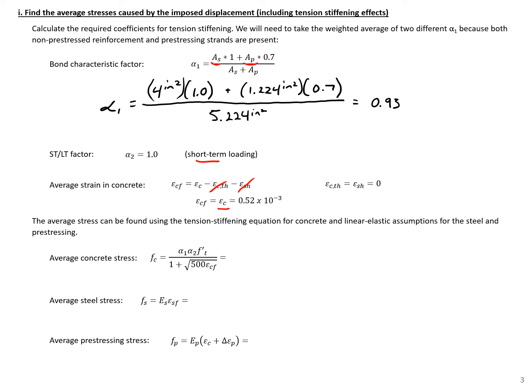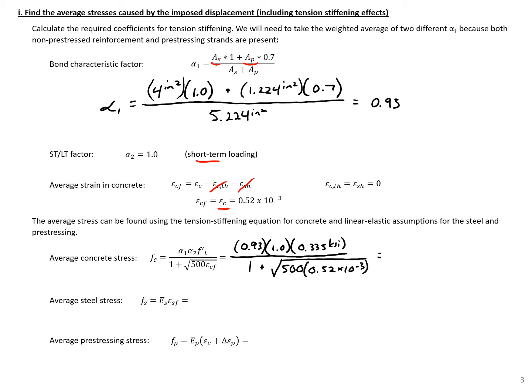So now we can plug all of our known values into our tension stiffening equation. We'll have our alpha 1 of 0.93, our alpha 2 of 1.0, the tensile strength of concrete being 0.335 ksi, and then we'll divide by 1 plus the square root of 500 times 0.52 times 10 to the negative third, and all that's under the square root.